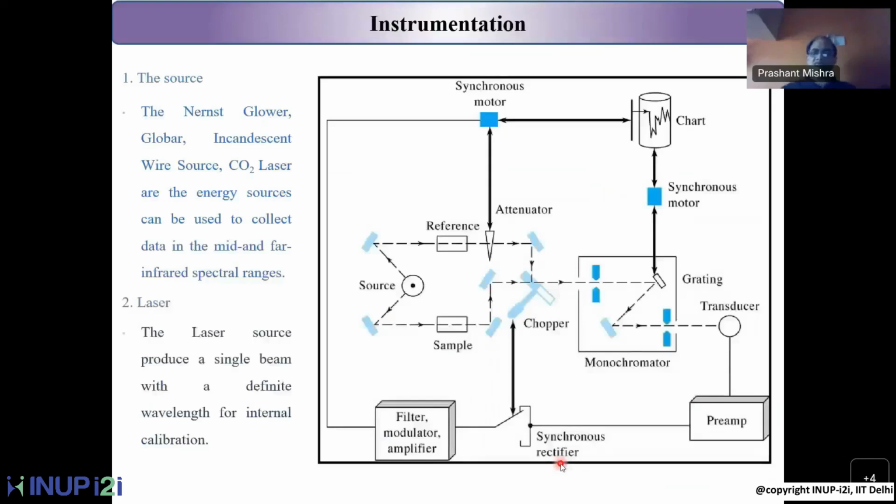There's another instrumentation diagram, an internal line diagram, which shows how the different parts are organized. So now coming to the source, there are different types of light source which are used in IR spectroscopy. It could be a Nernst Glower, or it could be a laser source.